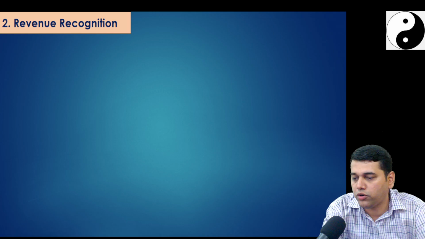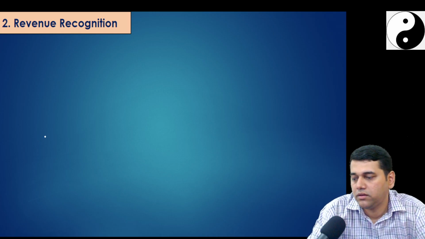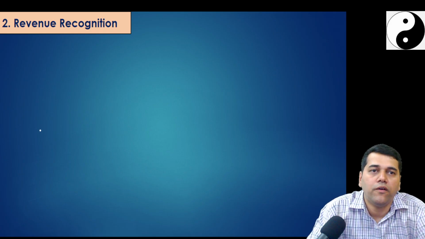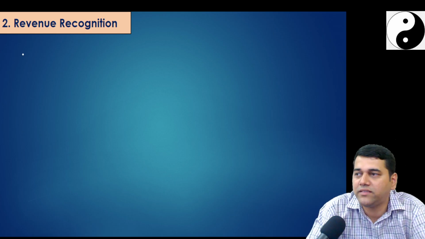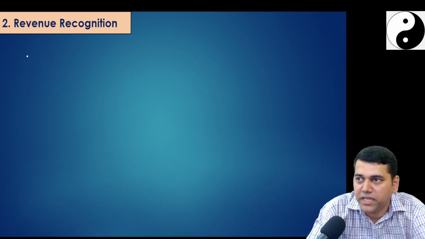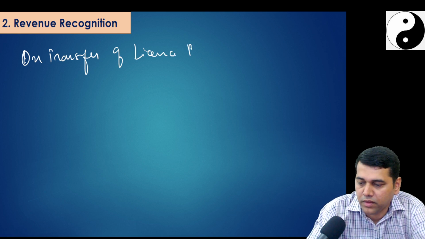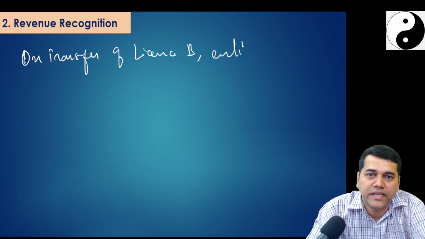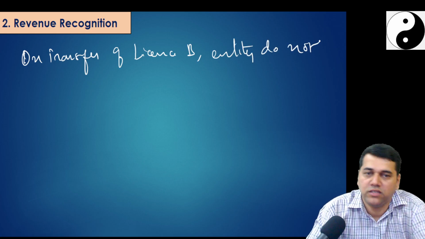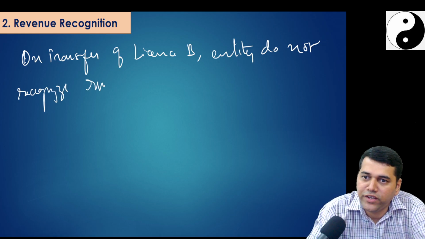How much revenue are you going to recognize? When license B is transferred at the beginning, will you recognize revenue? No. On transfer of license B, the entity does not recognize revenue.